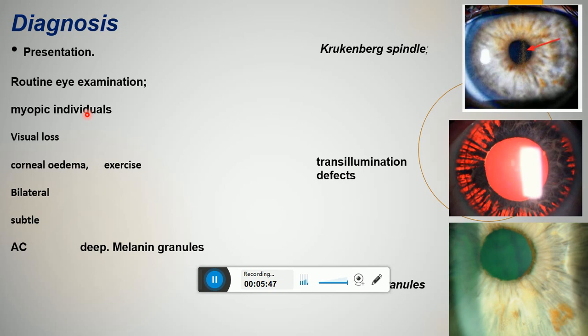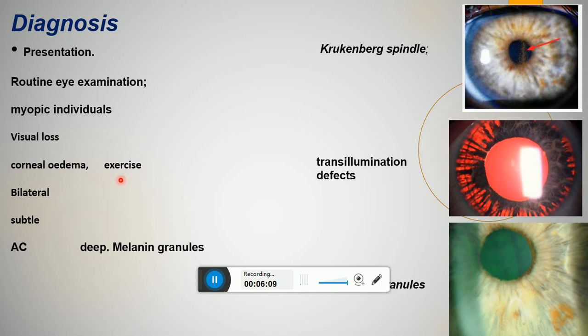Occasionally, symptoms from glaucomatous visual loss lead to attendance, or from corneal edema due to an acute IOP rise following the release of pigment granules, particularly after physical exercise.